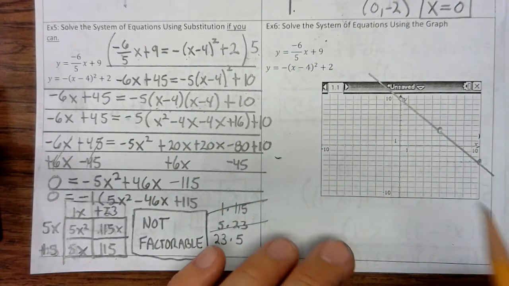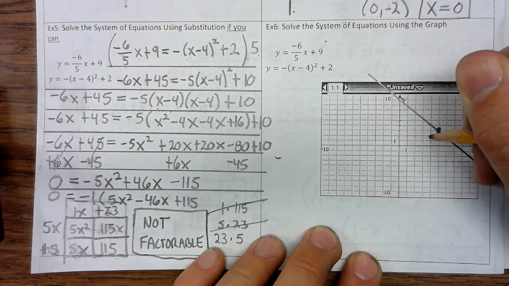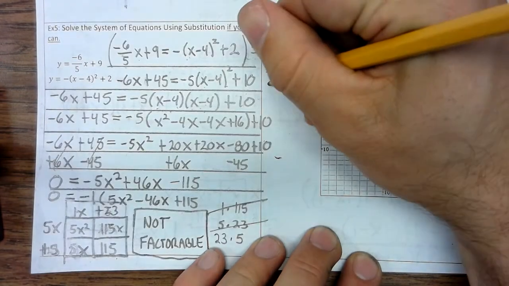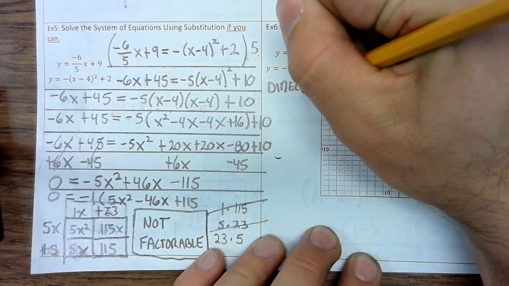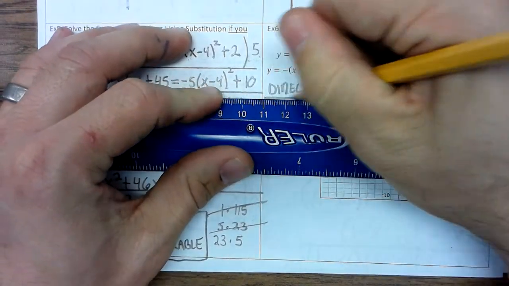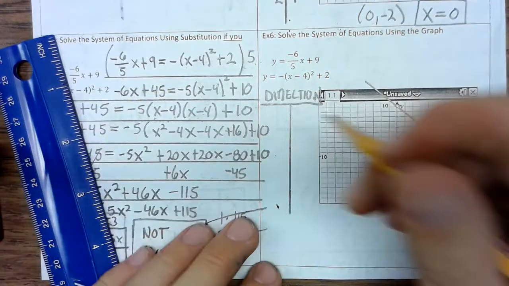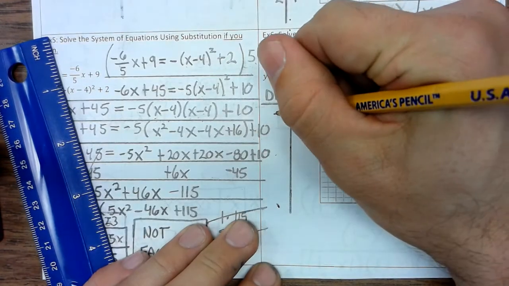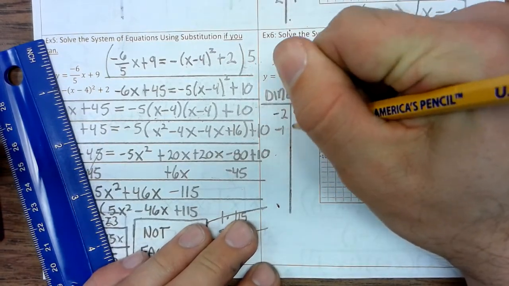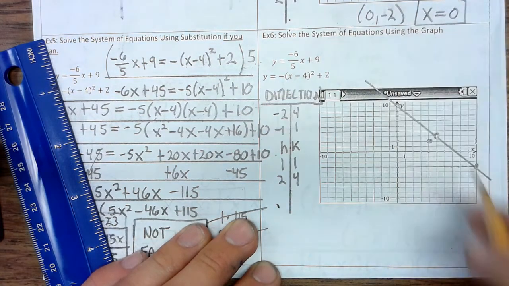Now we graph. We move the vertex, so that means we move to the right 4, up 2, and then we graph by direction. All right, so we know negative 2, 4, negative 1, 1, hk, 1, 1, 2, 4.